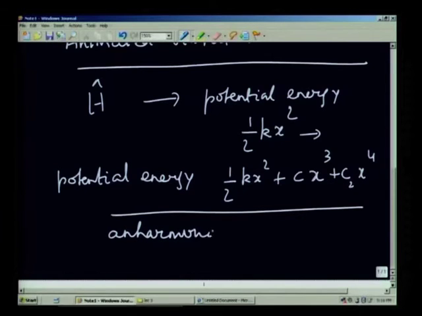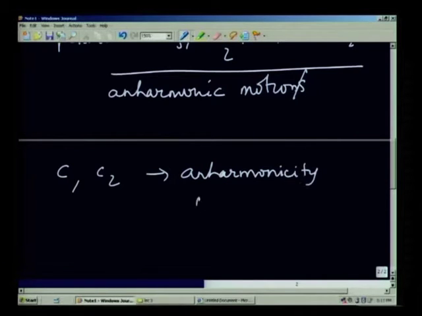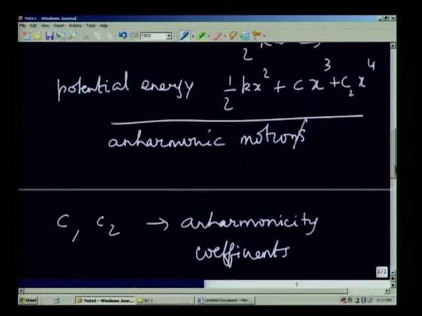The coefficients C, C2 etc. are called anharmonicity coefficients. Specifically, the coefficient C corresponding to the x cubed term is called the cubic anharmonicity.